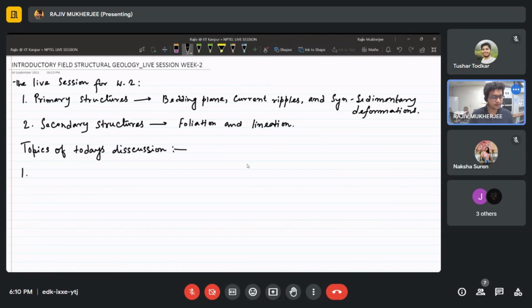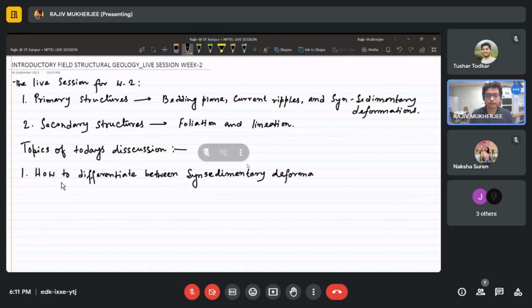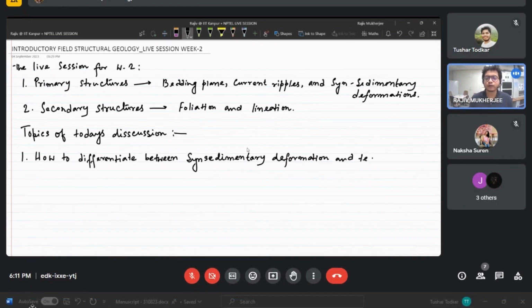So number one is how to determine or how to differentiate between sin sedimentary deformation and tectonic deformation, right?